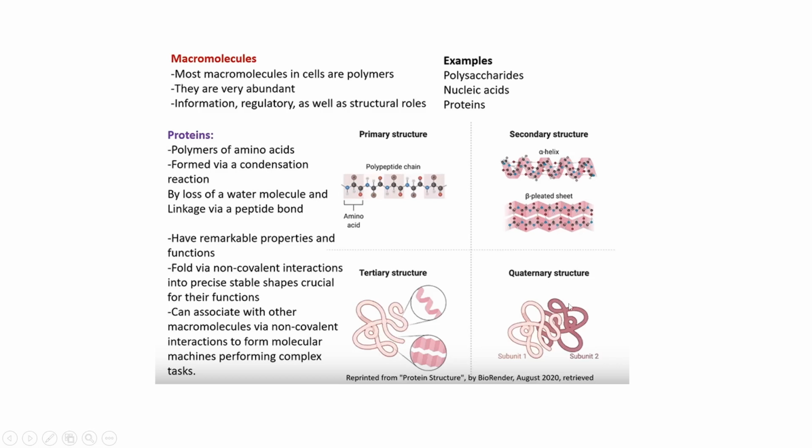And the quaternary structure is made up of multiple domains of a single protein, for example, hemoglobin. Hemoglobin constitutes multiple domains inside a single RBC molecule.